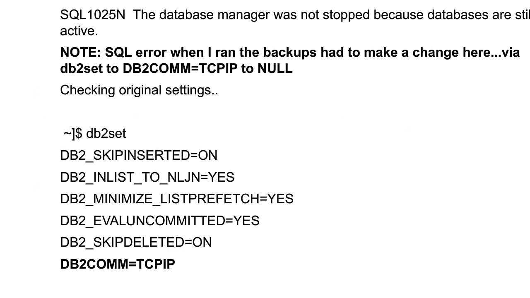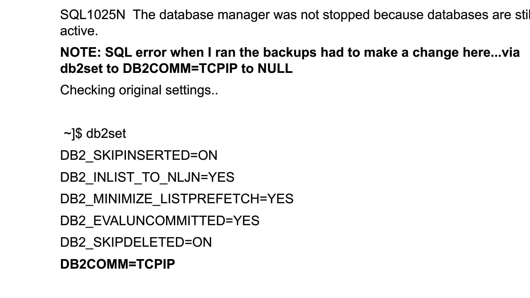While I was doing this backup, I did get an error, this SQL error. I did show a clean listing of all my DB2 processes being turned off, so I'm not quite sure why I got this error, but it does seem to be a prominent type of error that you could get.